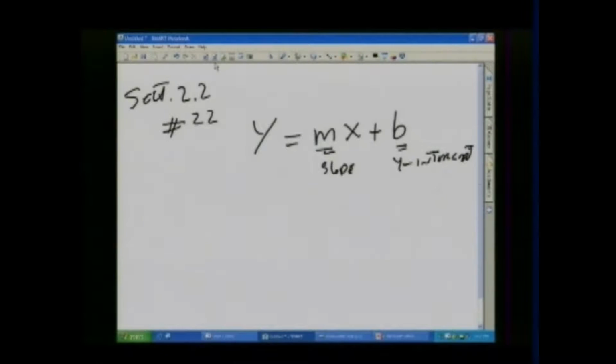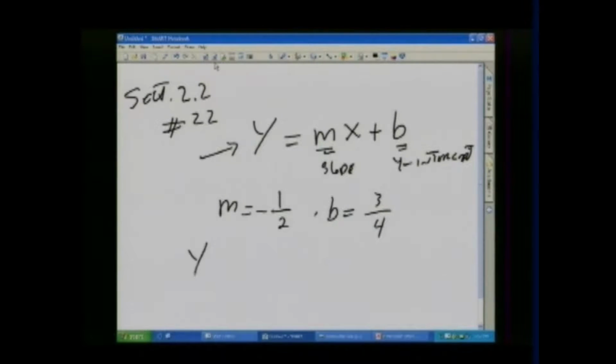So in this example number 22, it says find an equation of the line that has the slope m and intercept b. And in this case, it tells you m is equal to minus 1/2 and b is equal to 3/4. So all you have to do is plug these numbers into this equation.